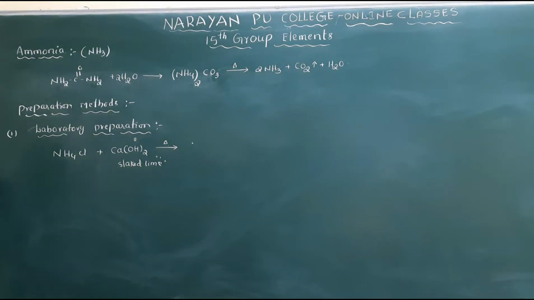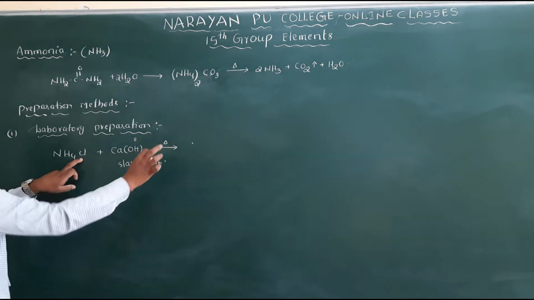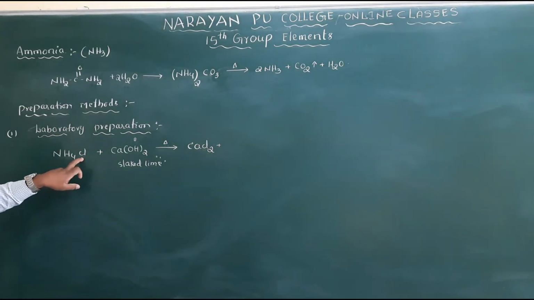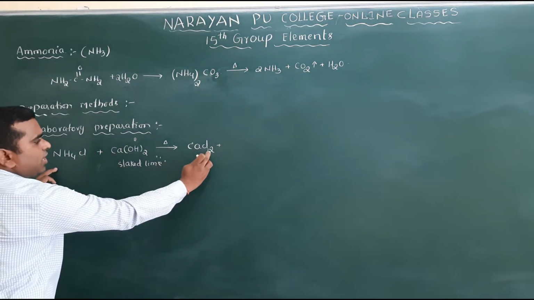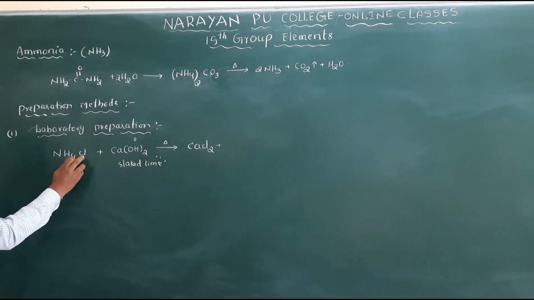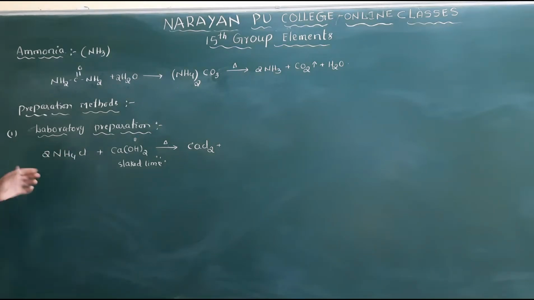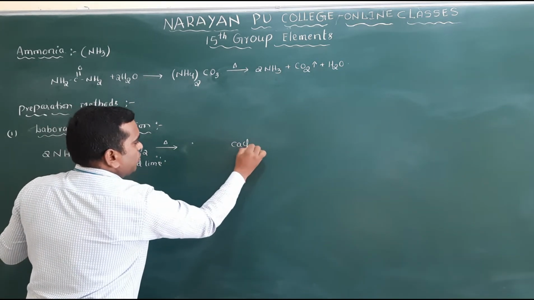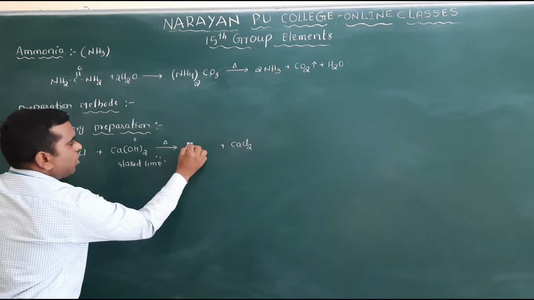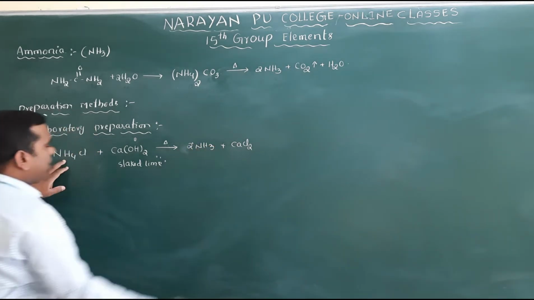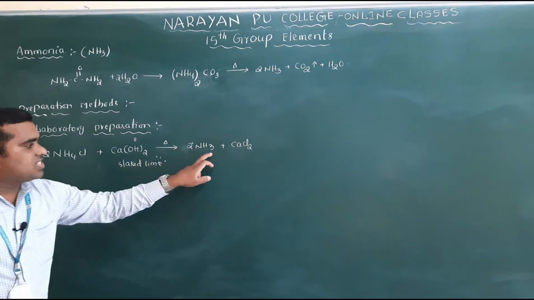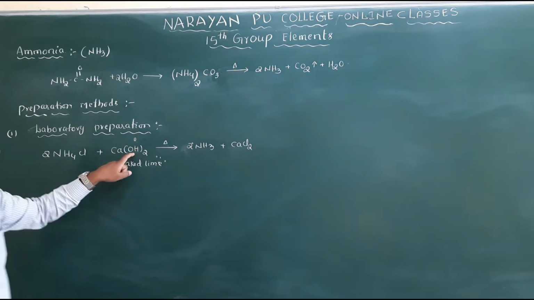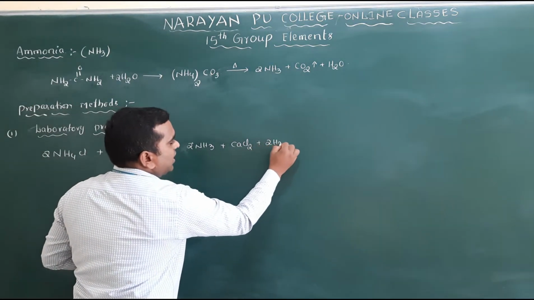Then calcium and chlorine will be removed as calcium chloride. Calcium chloride has 2 chlorines and ammonium chloride has 1, so you have to multiply by 2. So 2 moles of ammonia NH3 are formed, and CaCl2 is removed. Of the total 8 hydrogens, 6 are in ammonia and 2 are left, plus 2 OH, so you get 2H2O.